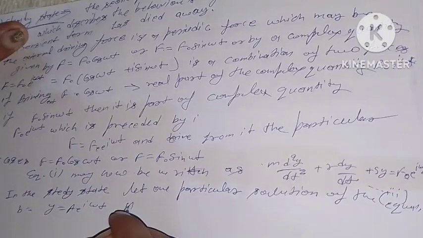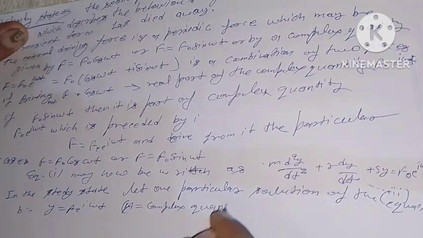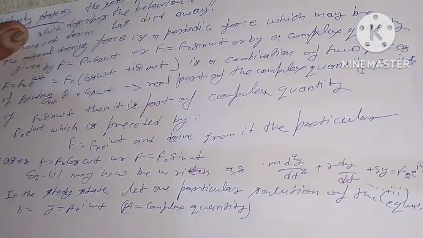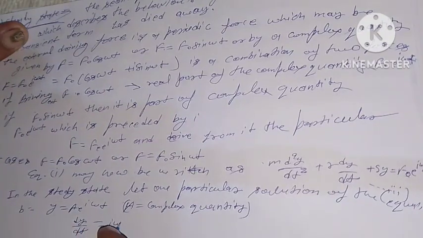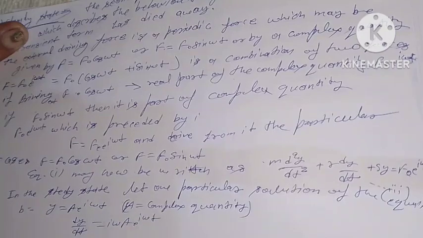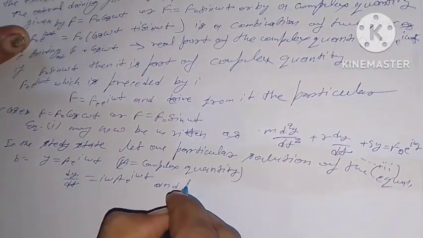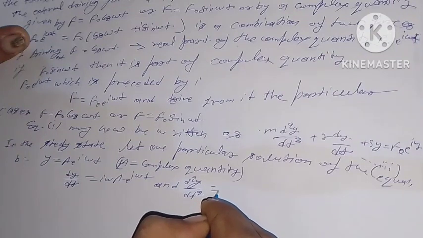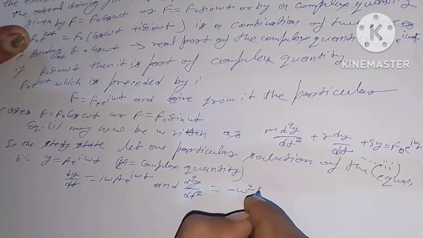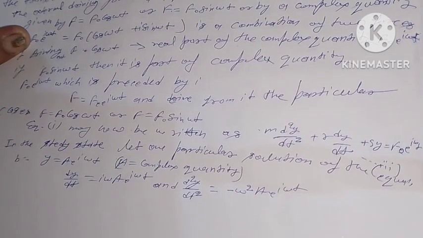Then dy by dt equals i omega a e to the power i omega t, and d square y upon dt square equals minus omega square a e to the power i omega t.